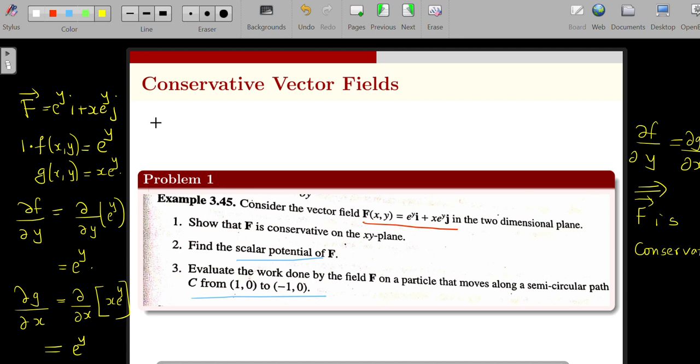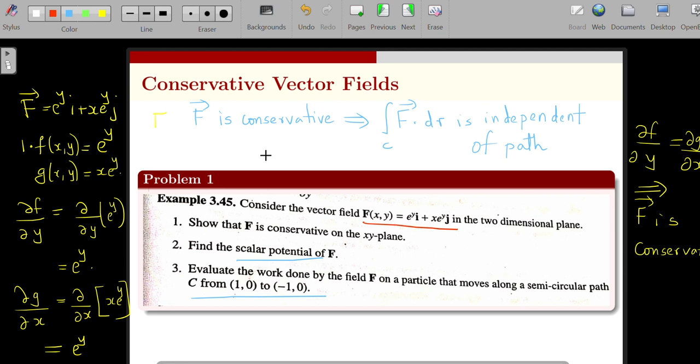We have already discussed in our earlier video that if F is conservative, then the work done, that is the line integral over C of F·dr, is independent of path. That is, this line integral does not depend on the path of integration.